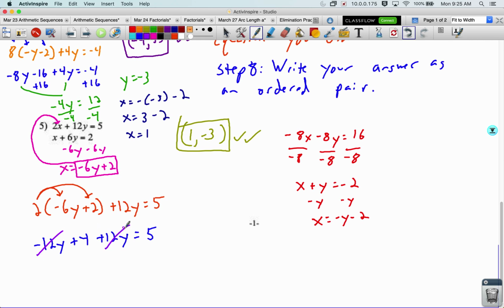These are going to cancel out. Negative 12y and positive 12y, and we just get 4 equals 5. This is a false statement. 4 does not equal 5. So if we achieve a false statement by normal algebraic steps, it means that our original system had no solution.